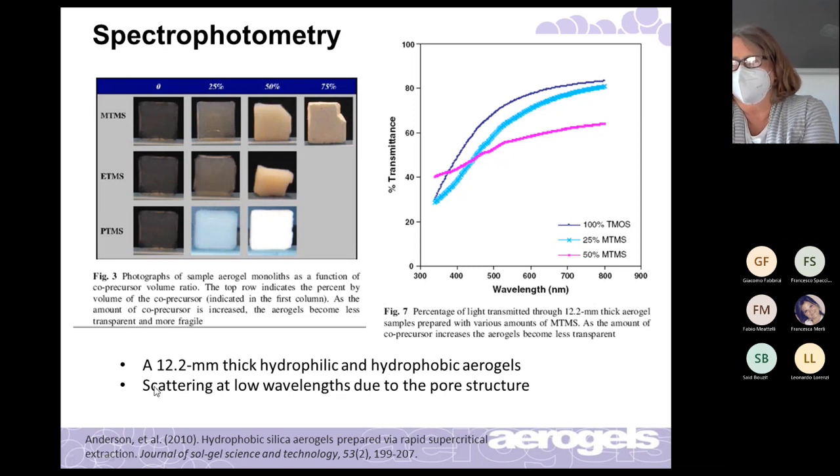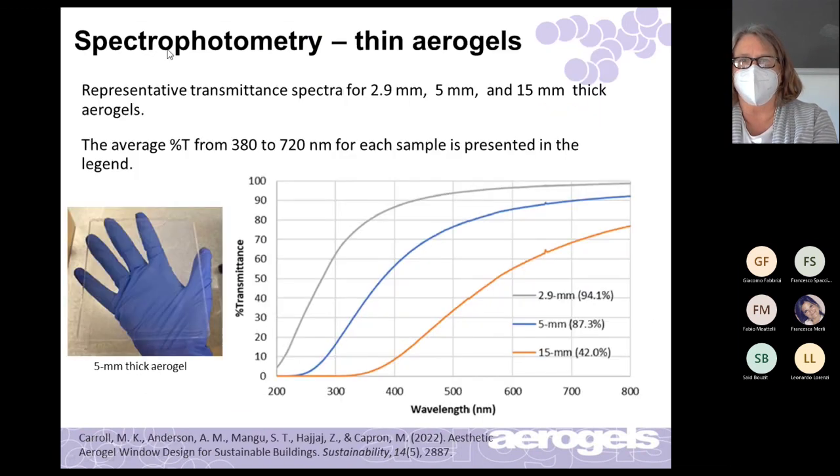But a lot of the work we do now is with these thin aerogels. I showed this picture. Now we have transmittance, and what's shown here is that the amount of light transmitted is a function of how thick it is. The path length matters. These are transmittance values for 15 millimeter, 5 millimeter, and 3 millimeter thick aerogels.